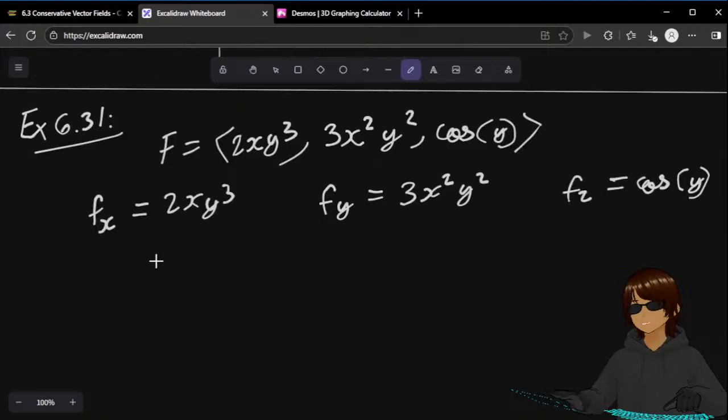That means if f is equal to x squared y cubed, differentiating with respect to x would give this, differentiating with respect to y would give this, differentiating with respect to z would not give this.